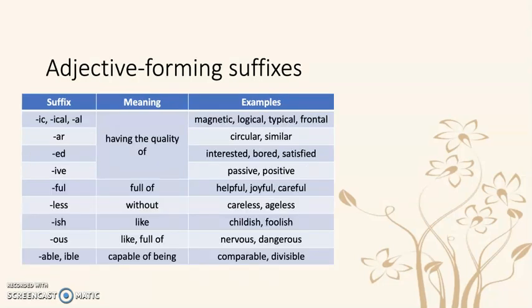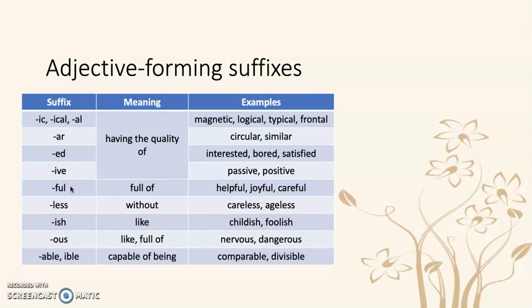Here are adjective-forming suffixes. So when you see these endings at the end of a word, generally speaking, except for this one, which is also borrowed by verbs in a different context, these endings make adjectives.